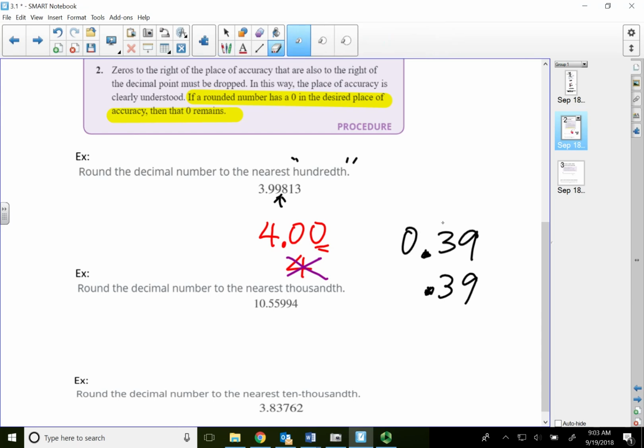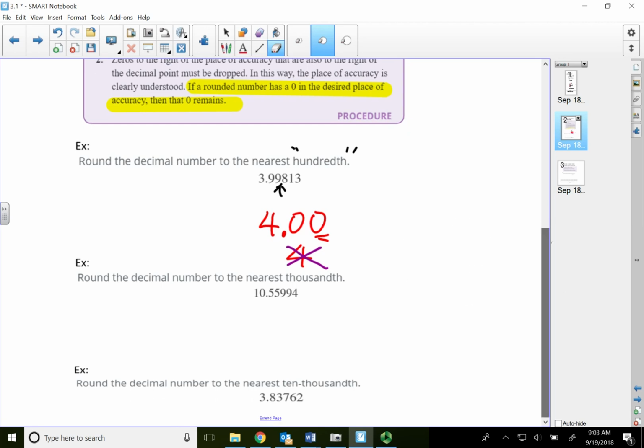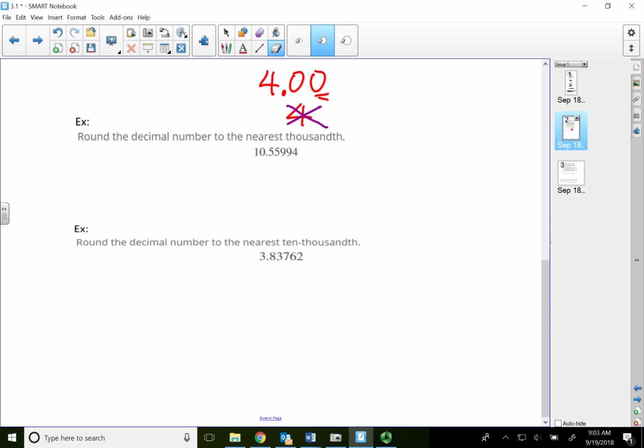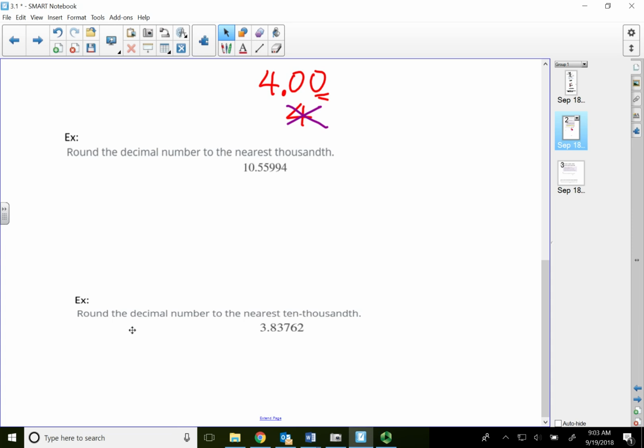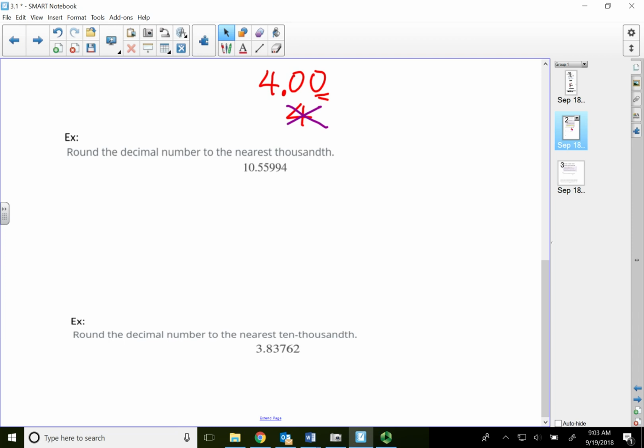That's just my habit. If you want to just write .39, that will be fine. You just have to be careful when you enter a decimal with no 0 in front. Sometimes the computer might not like it when you enter it for the homework. Just watch out for that.